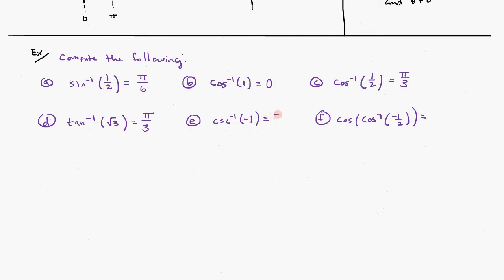And so the angle has to be minus pi over 2. Here cosine of pi is equal to minus 1, so this is equal to pi. So we have to compute cosine of pi. Then cosine of pi gives you back minus 1. So this is equal to minus 1.